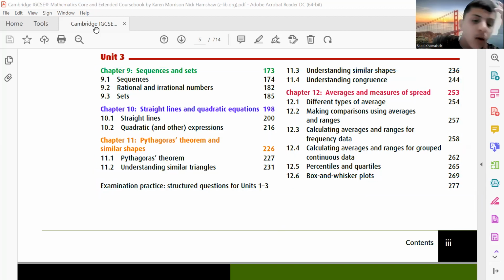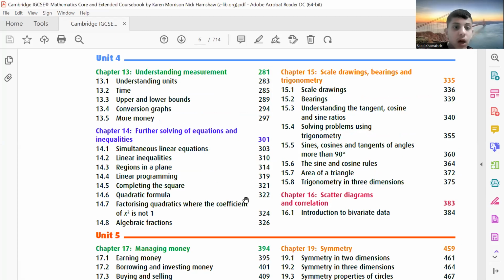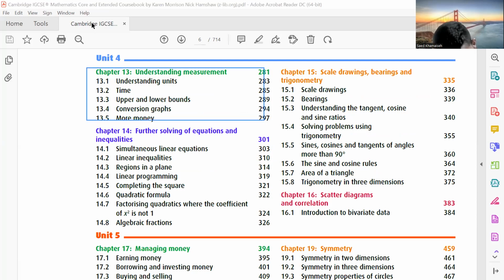Okay, now we go to see the 4th unit, which will be harder. As you know, everything when you start with it will be easy, then it will start to be harder. It's important to know that. Chapter 13, understanding measurement. Chapter 14 would be like chapter 10.